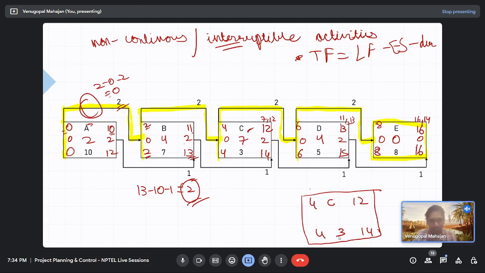Okay, so splitting here means that as the start of activity C is critical, anyway you have to start on EOD4. Now the total duration is 3 days, and 12 and 14 are its early finish and late finish. So you start by 4, then you have to finish by 12.